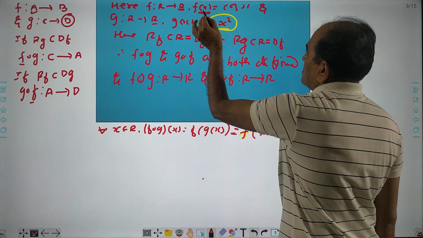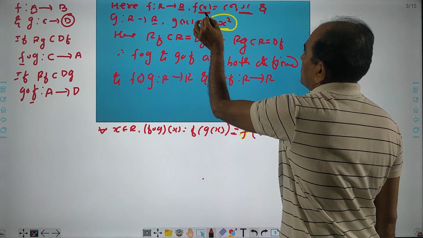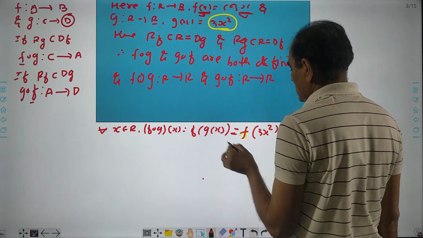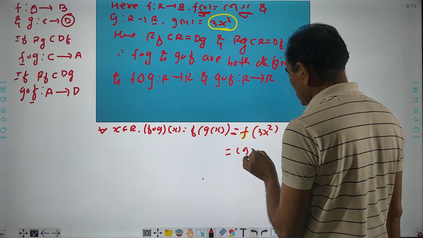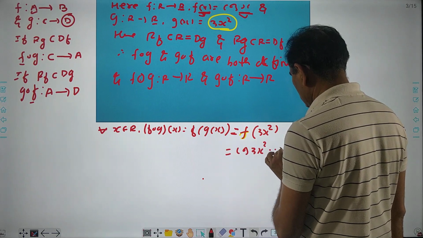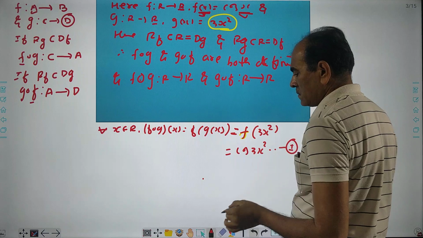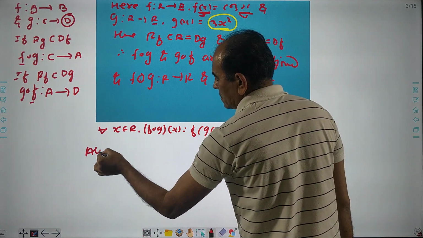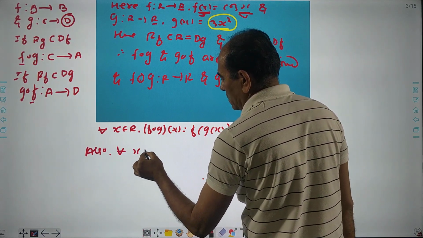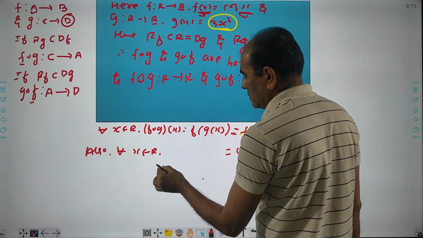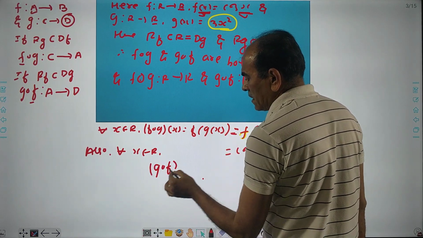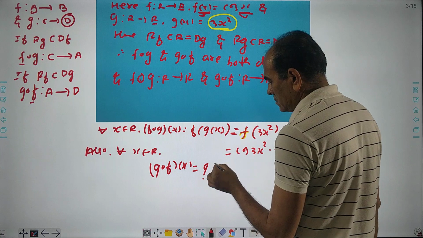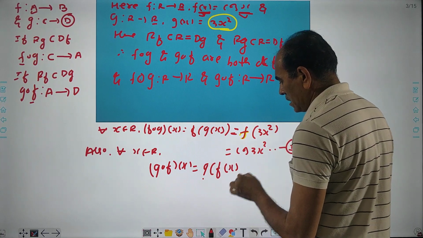Now f of x is equal to cos x, so f of y is equal to cos y. So f of 3x squared is equal to cos 3x squared. Also, for all x belongs to R, g of f at x is equal to g of f of x.